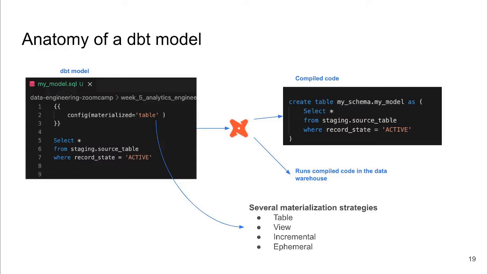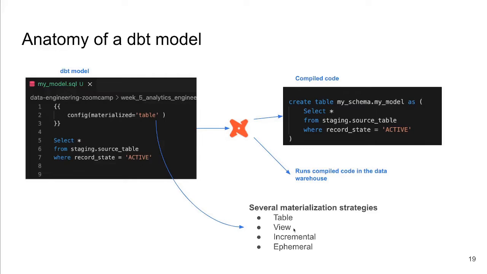So it's going to translate to the schema that we're going to work with, and it's going to create a table with the name of my model. So here, for example, we see that the compiled code is going to look something like this. Create table, my schema, my model as, and the query that we had. And this is going to run in our data warehouse, and it's going to create such table.